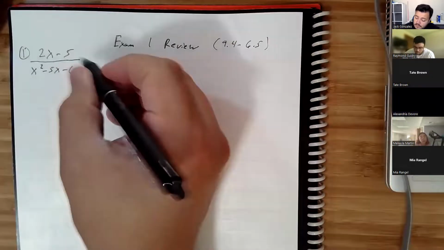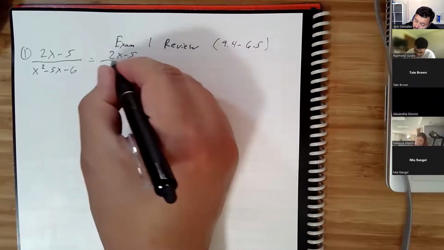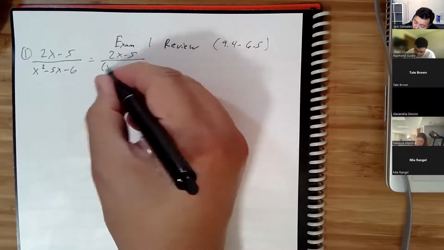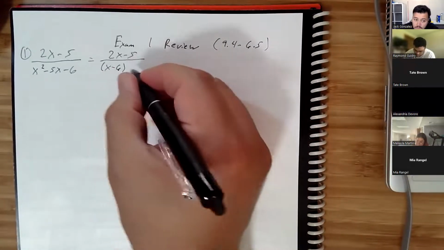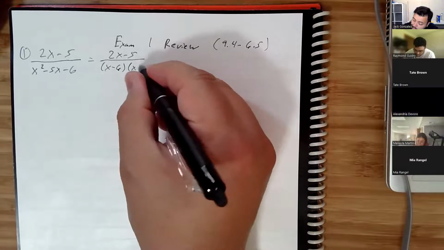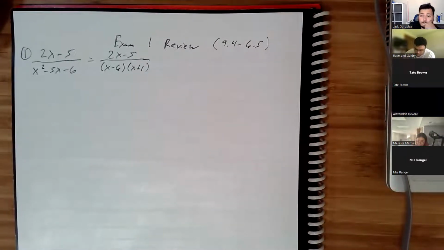So the first thing we have to do is factor the denominator. Once you have factored that, it's going to be minus 6 plus 1. Do you agree with the factoring? So which case is this? Do you remember?